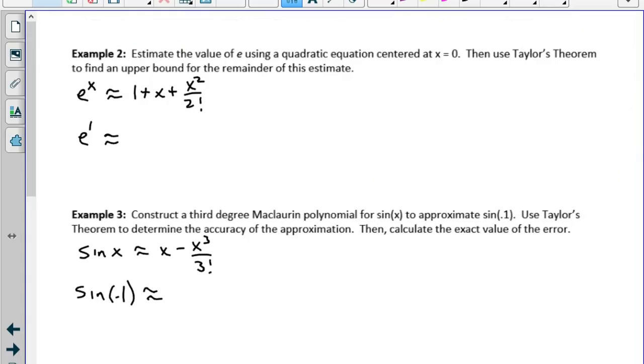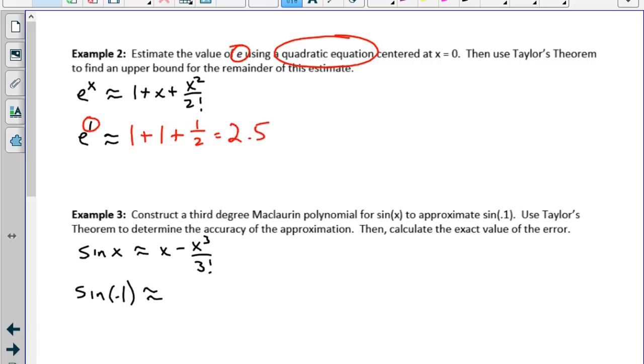All right, we'll do a bunch of examples now. e to the x is 1 plus x plus x squared over 2 factorial, because it tells us that it wants a quadratic in the problem. So if I want to find the value of e, notice that e to the x converges from negative infinity to infinity, so I don't have a problem with this. I'm just going to substitute in 1 because I want e to the 1.